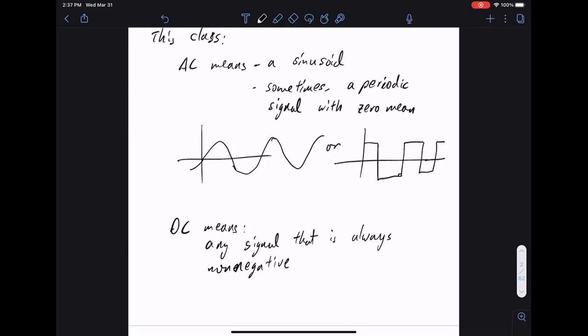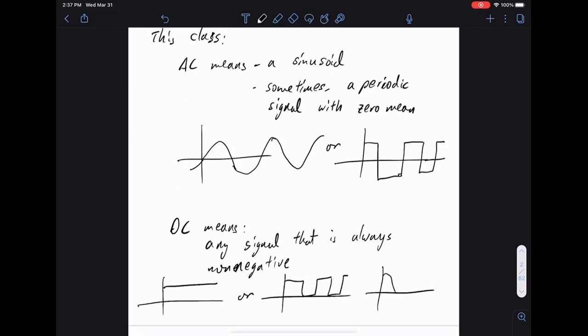So this is a DC signal for sure, or this is a DC signal because it's non-negative. Or something like this: say I chop the AC wave and remove the negative part. These are all DC waves for us in this class.